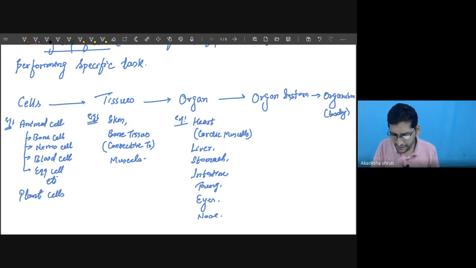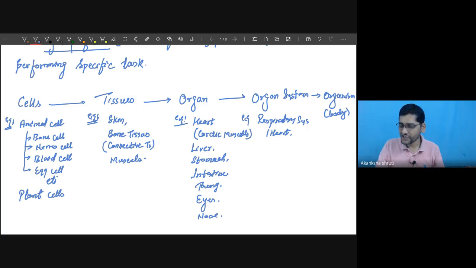Now, some of these combine together to form an organ system. An organ system is like our respiratory system. What are the parts of the respiratory system? That detail we will learn in class 10th. In this respiratory system, there is the heart, an important part. In addition to the heart, there is the windpipe. Okay? That windpipe is called the trachea. Write only windpipe.